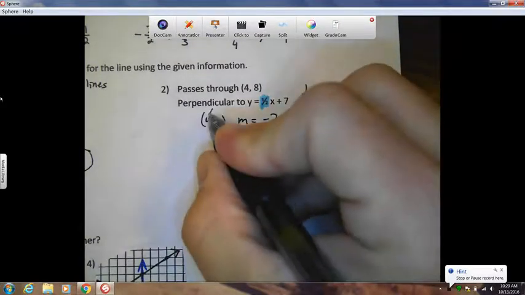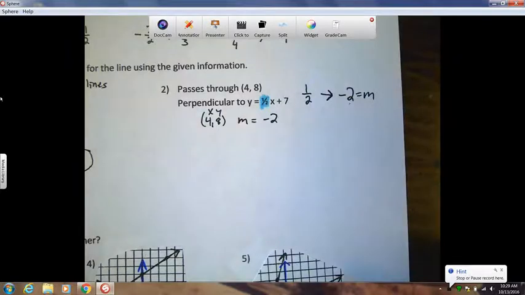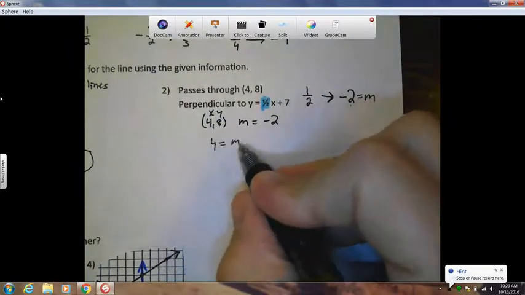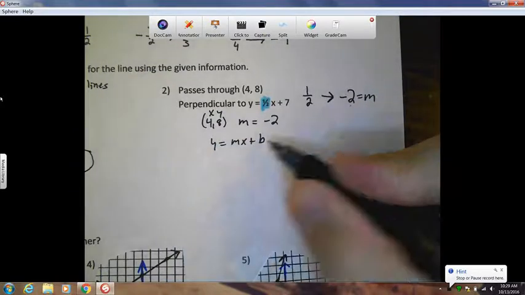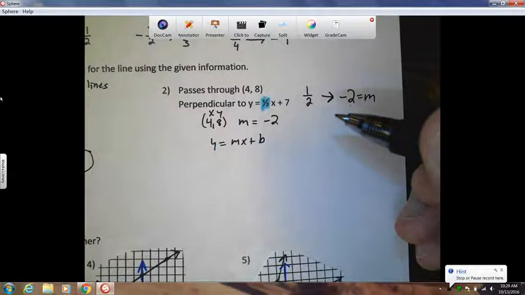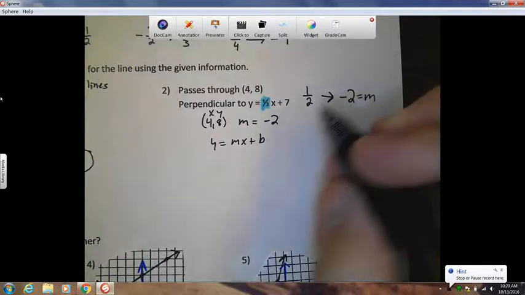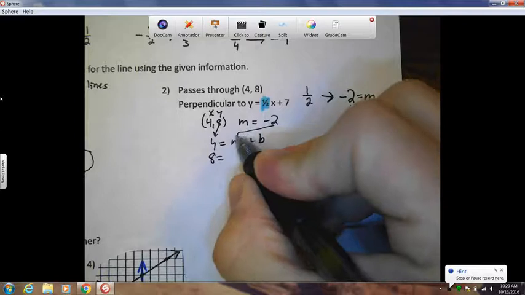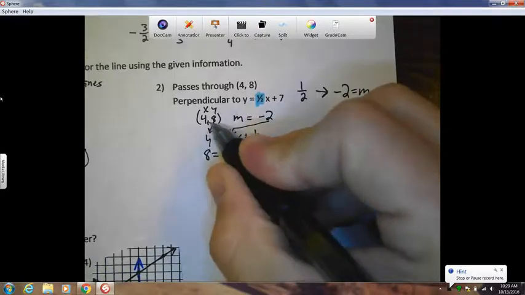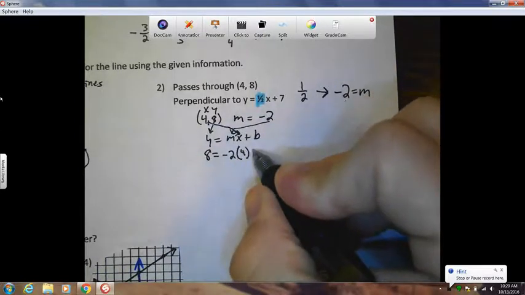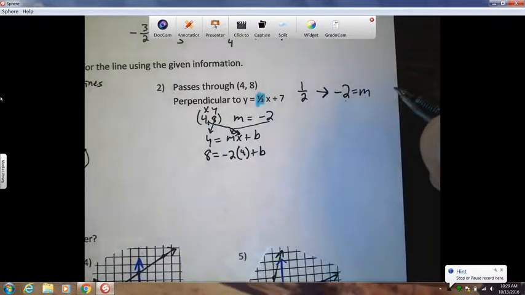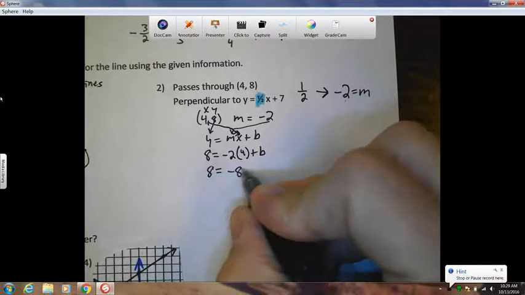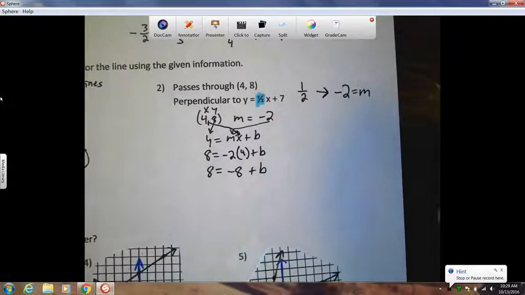So I've labeled everything. I have an x, I have a y, I know my slope. I need to find y-intercept, which is b. So plug in your stuff. And go ahead and solve. 8 is equal to -8 plus b.